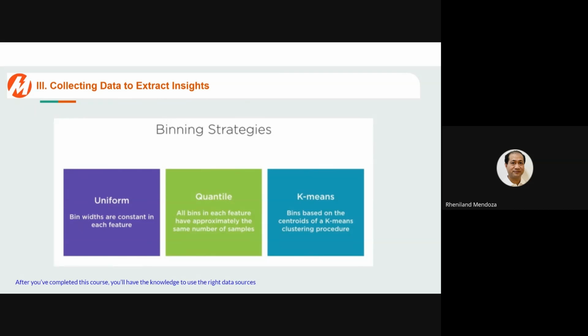So this means that the points that are close to one another will belong to the same bin and will have the same discrete output.